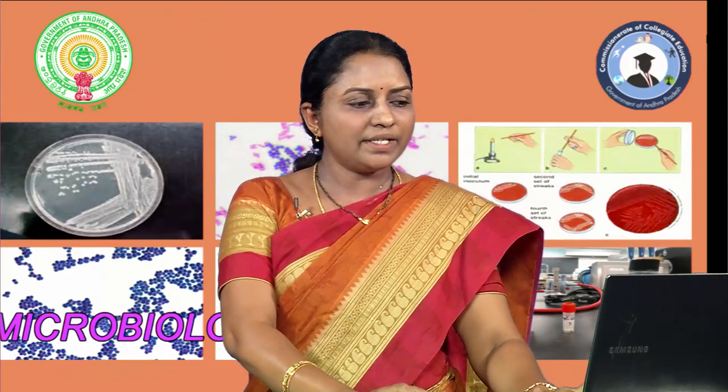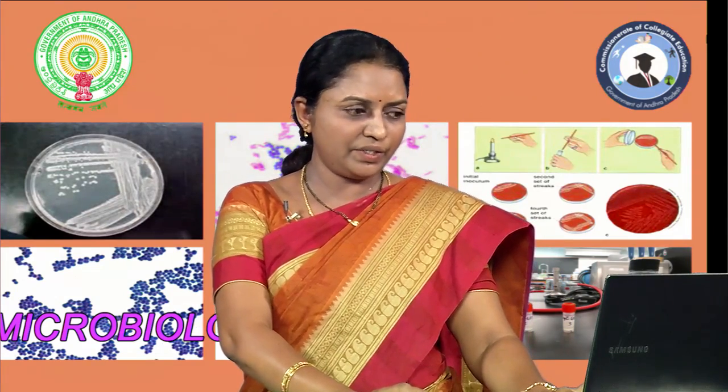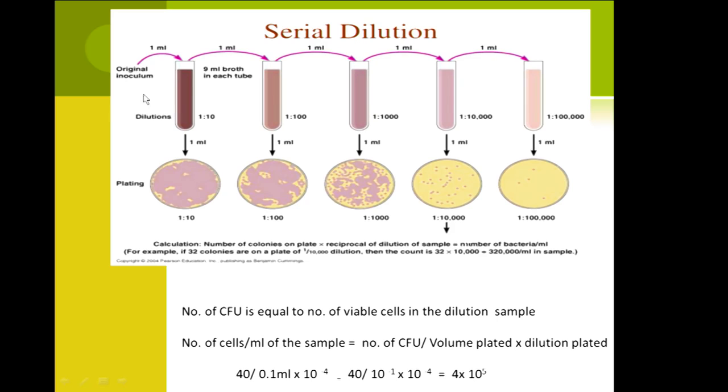Then coming to serial dilution, actual serial dilution involves diluting a sample serially in a series of tubes. So if you want to dilute a sample 100 times, take 1 ml of that sample and add 99 ml of sterile medium or saline to that. So you get a 100-fold dilution.